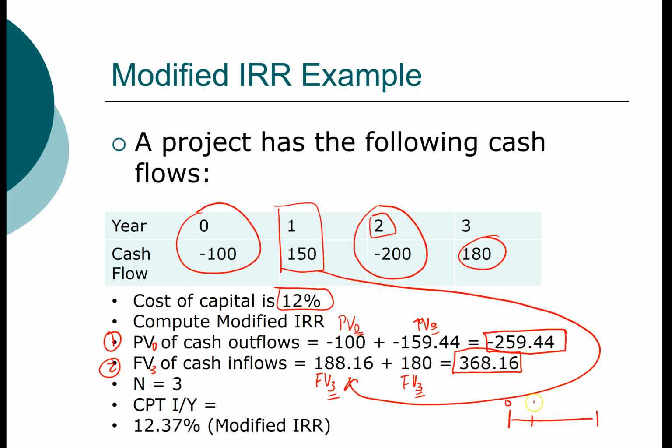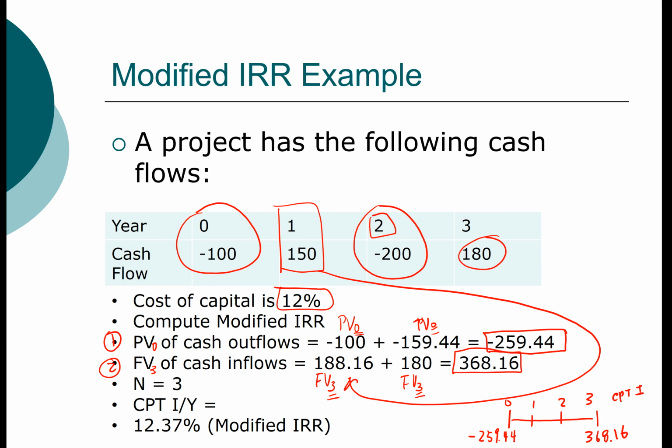We have an investment that lasts 3 years. In year 0, we have summarized all the cash outflow to be $259.44. In year 3, we have summarized all the cash inflow to be $368.16. Now we need to compute the implied interest rate. And this interest rate is our modified IRR.